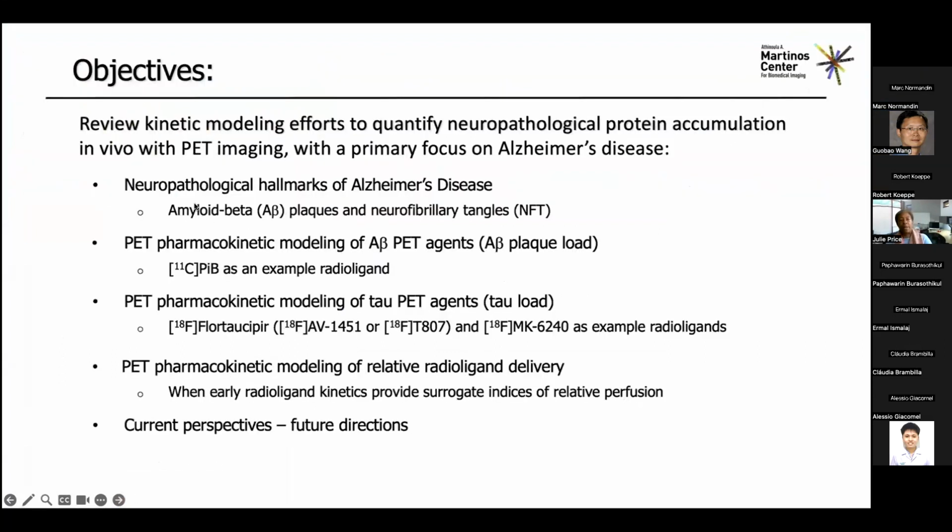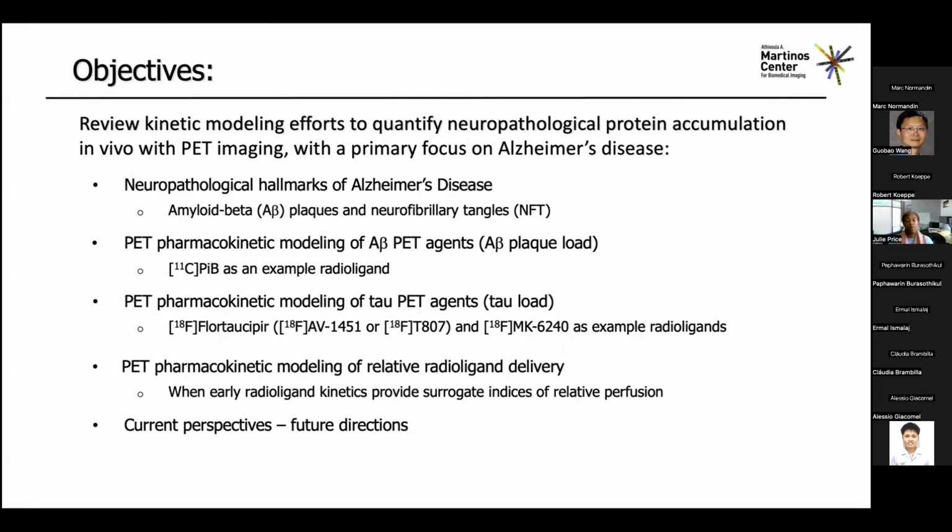I'll start by defining the hallmarks of Alzheimer's disease, which are amyloid beta plaques and neurofibrillary tangles, and move into example pharmacokinetic modeling of PIB, when it was a novel radiotracer, and then move on to tau, talking some about the first generation fluorotaucipir, AV1451 or T807, now referred to as flortaucipir, and also a second generation MK6240 tau radiotracer.